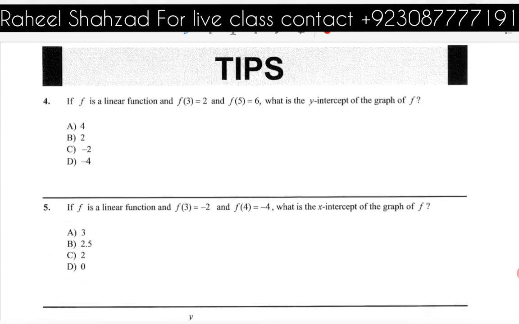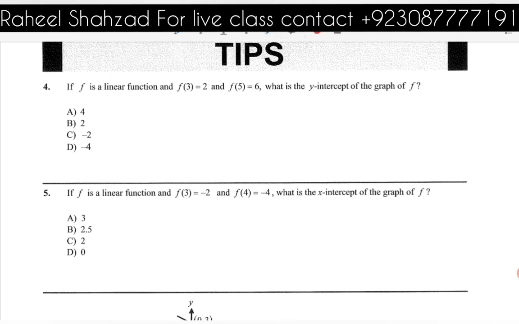Okay, next is question number 4, which states if f is a linear function. Again, remember, whenever we have a linear function, that would be a kind of hint that this is a straight line. And whenever the concept of a straight line is there, it must imply that points are collinear, they are lying on one straight line and their gradients are the same. So again, this is x, this is y. So let's suppose point A is (3, 2).